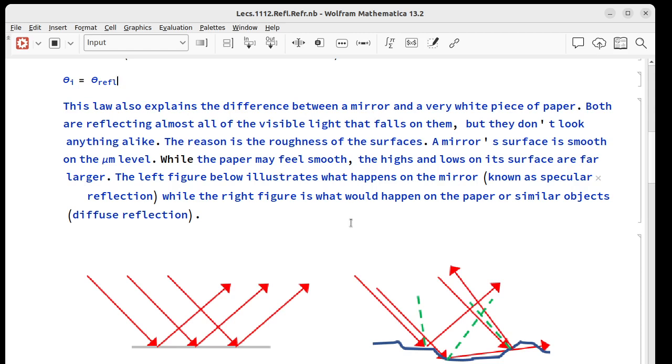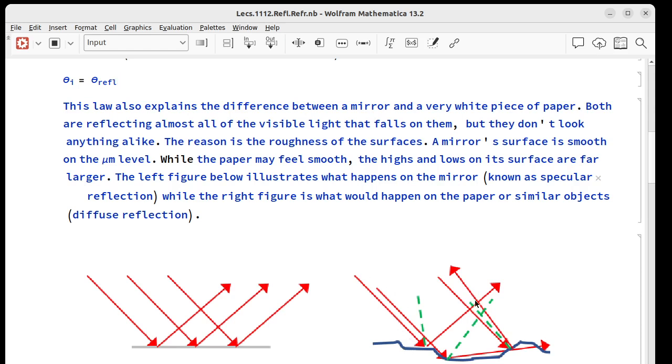So on the left, we see a bunch of light rays coming in, hitting a mirror. They all come in and leave at the same angle, so they start parallel and they leave parallel. On the other hand, on the right, a piece of paper might look like this rough, uneven surface with these normals, these dotted green lines, pointing in many different directions.